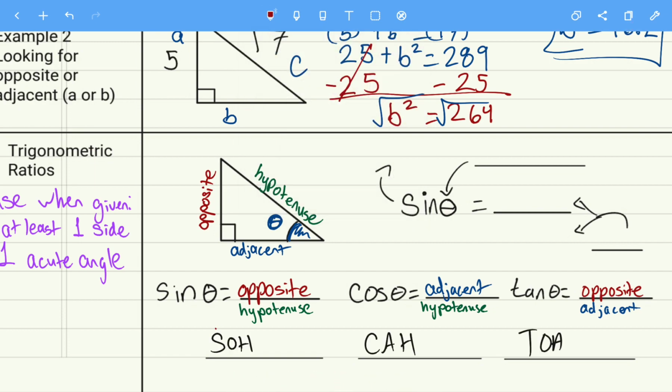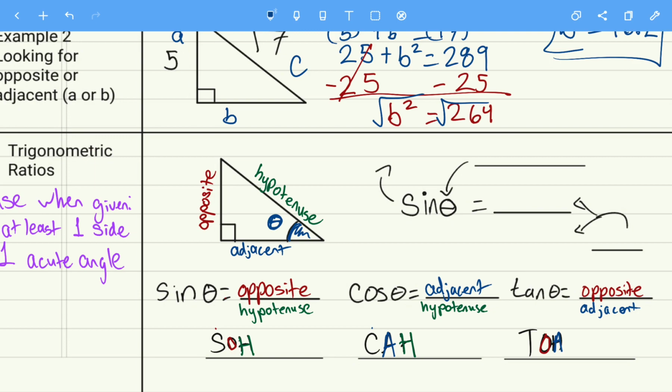So we have sine is equal to the opposite over the hypotenuse for SOH. CAH is saying cosine is the adjacent over the hypotenuse. And lastly, TOA is for tangent, being the opposite over the adjacent. SOHCAHTOA.